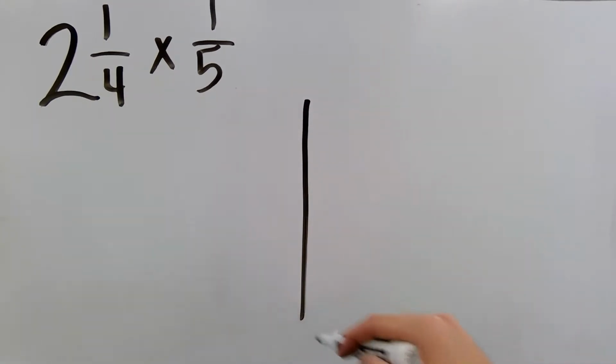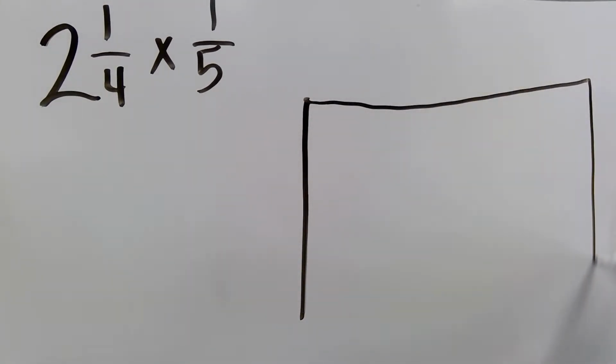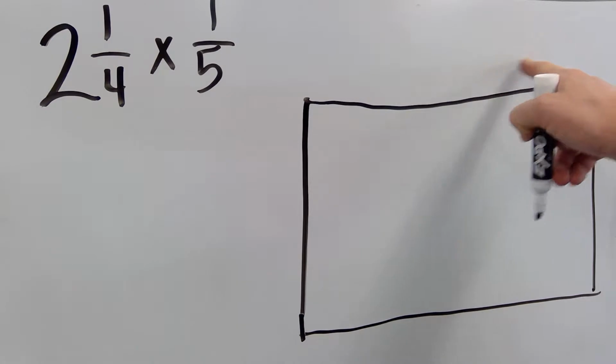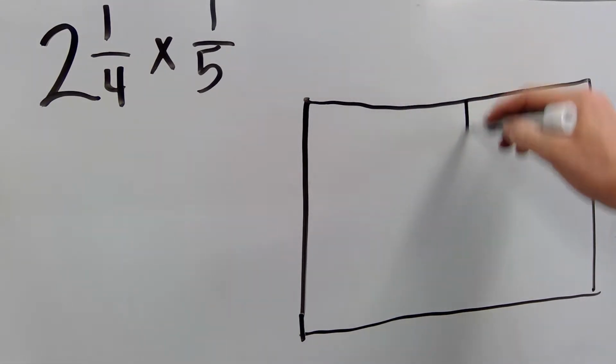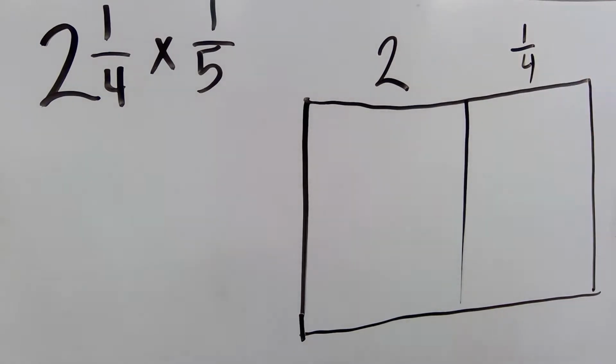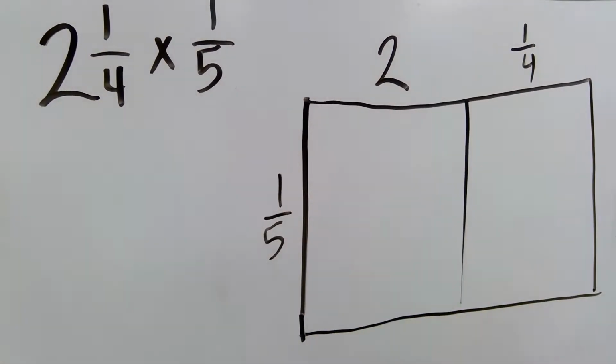I'm going to try to draw it so I have a lot more space this time for my multiplying. And I'm going to put 2 1/4 across the top. So I'm going to split it, 2 and 1/4. 1/5 is going to go on the side.